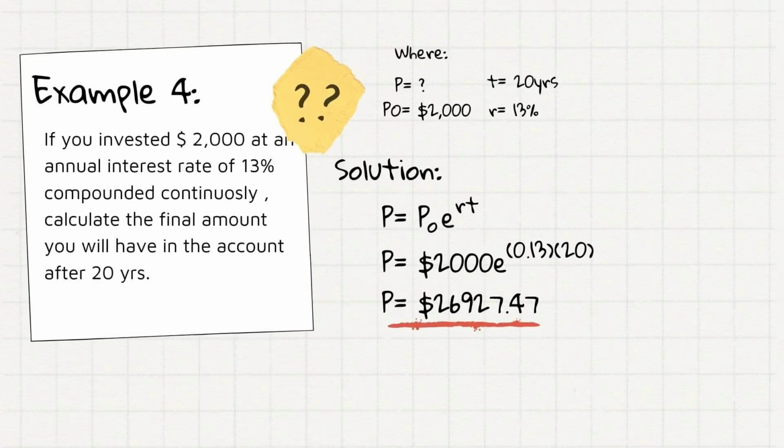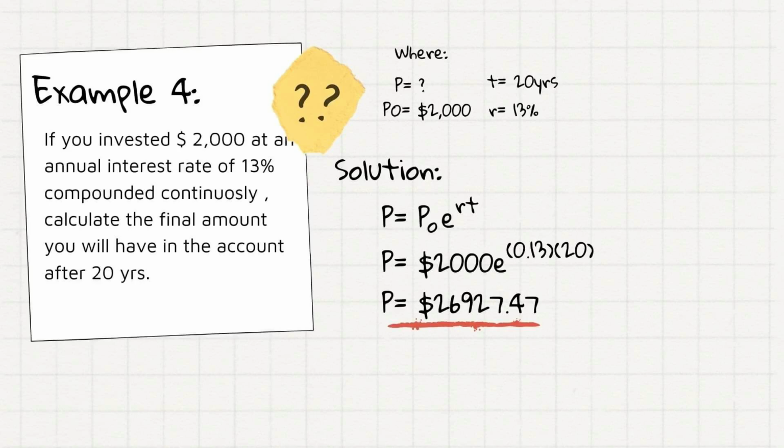What is asked in the problem is to find the final amount or the final principal P, while $2,000 that occurs at the beginning will be our P sub O, or the initial investment. 20 years will be our time, while 13% will be our rate.